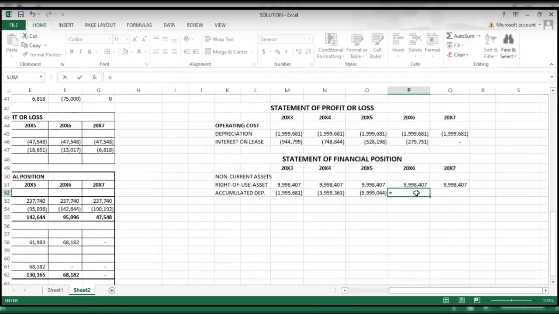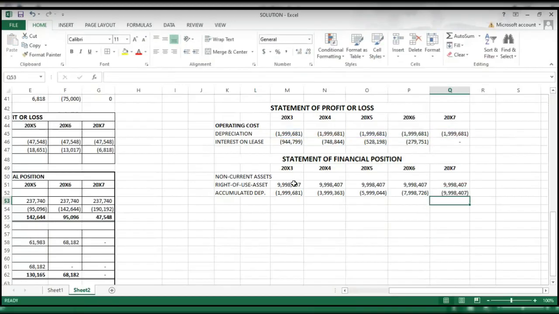So here equals this plus this plus this plus this accumulated depreciation, and here we have equals this plus this plus this plus this plus this accumulated depreciation.